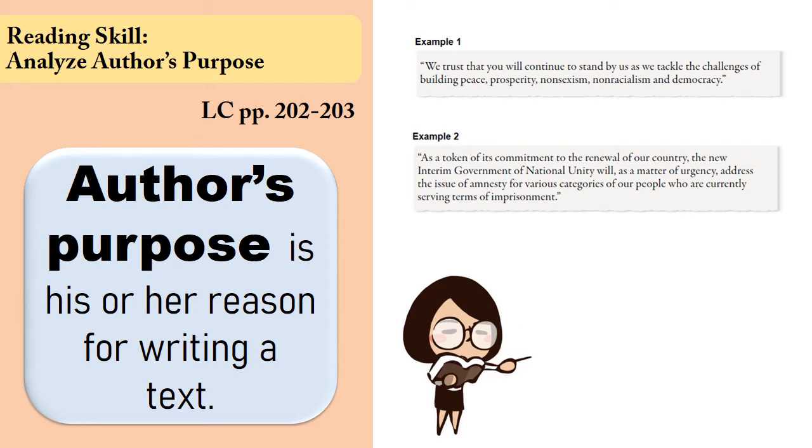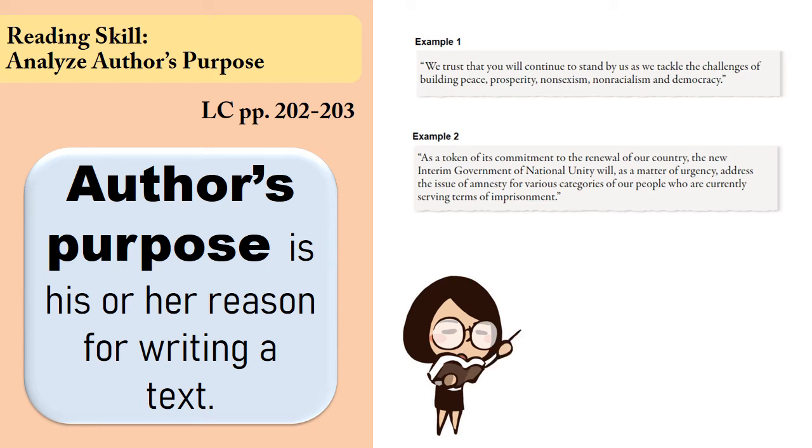Let's move on to example number two. As a token of its commitment to the renewal of our country, the new interim government of national unity will, as a matter of urgency, address the issue of amnesty for various categories of our people who are currently serving terms of imprisonment.